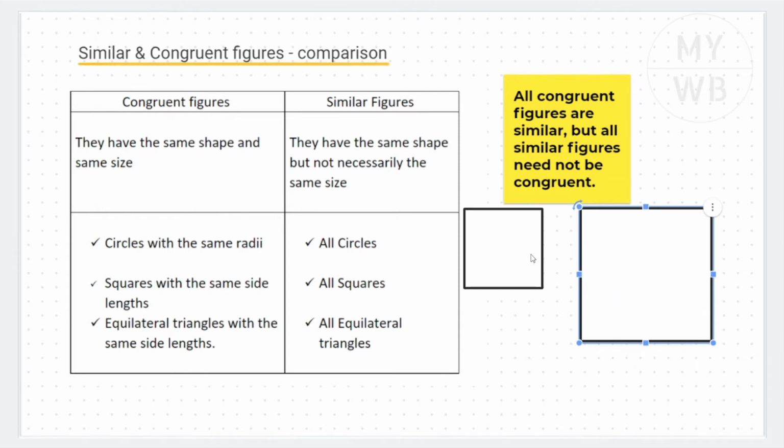So these two squares are not congruent. However, they are similar to each other. We can see that the size has increased proportionally with respect to the original square. So we can conclude that all congruent figures are similar, but all similar figures need not be congruent.